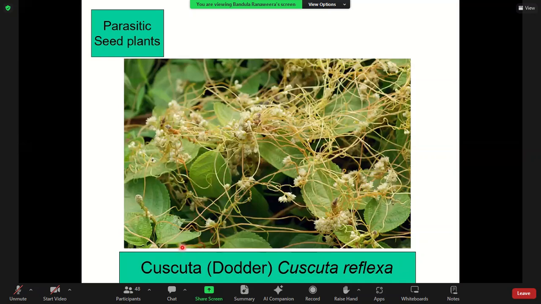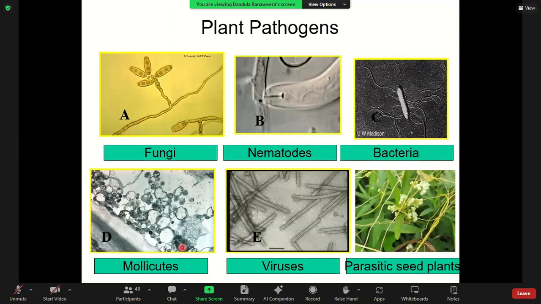So Cuscuta. There are plant pathogens starting from microorganisms like these, up to higher plants, higher in the botanical order, parasitic seed plants. So see that there is a wide variation of plant pathogens from microorganisms up to higher plants.